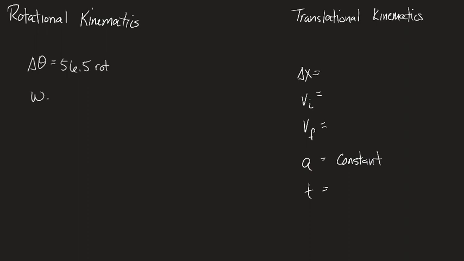We can all probably agree that the final velocity was 0. We don't know the initial velocity. We're going to use the Greek letter omega, which looks like a W, for initial and final velocity. These are the angular velocities. Generally, these are given in RPM, or RPS, or radians per second.